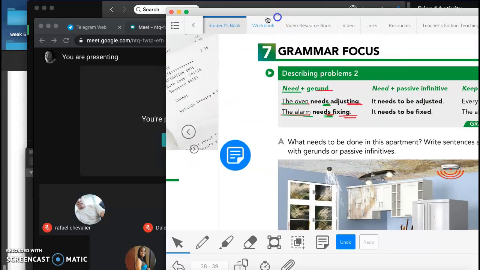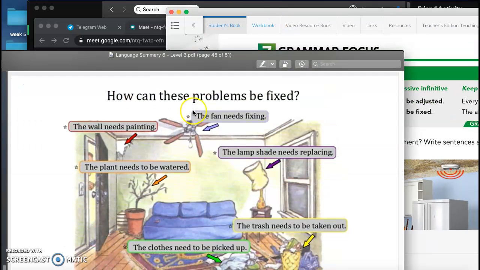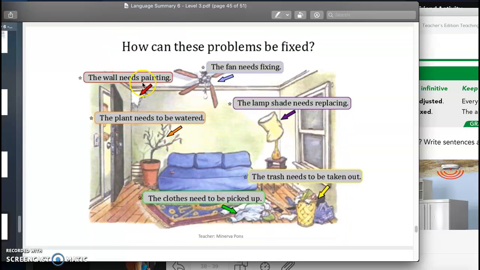I have some extra information in here. For example, we have some other examples in here. For example, the wall needs painting, as you can see. The fan needs fixing. The lampshade needs replacing.